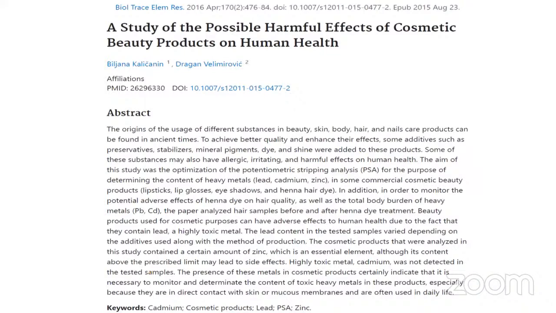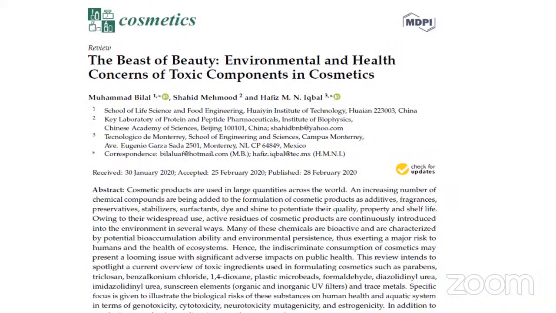And you all may be aware of this court case where a woman went to court against Johnson and Johnson, and Johnson and Johnson is a popular brand for the baby skincare products. And this woman fought a case against Johnson and Johnson.